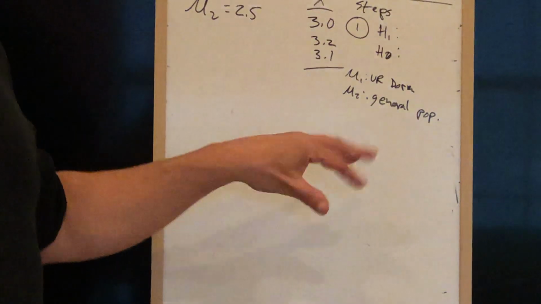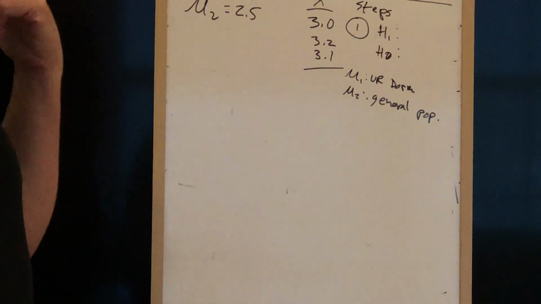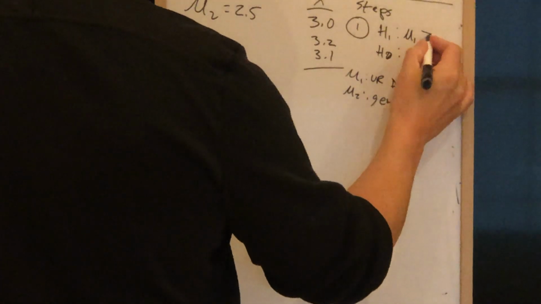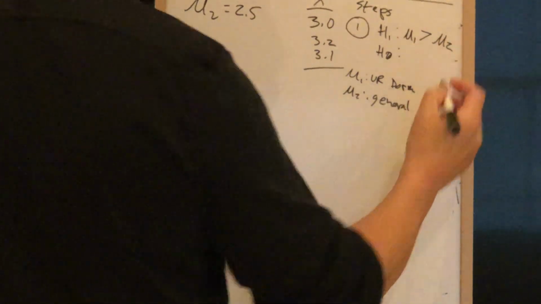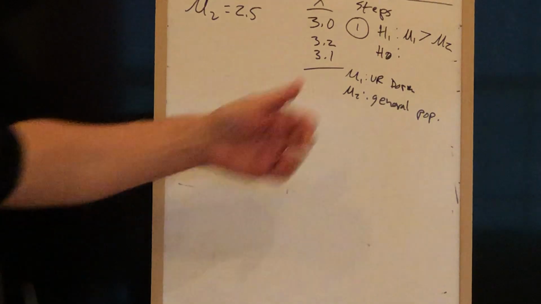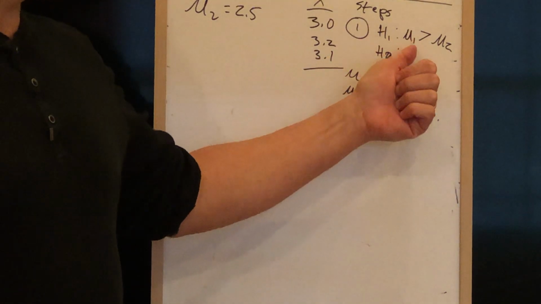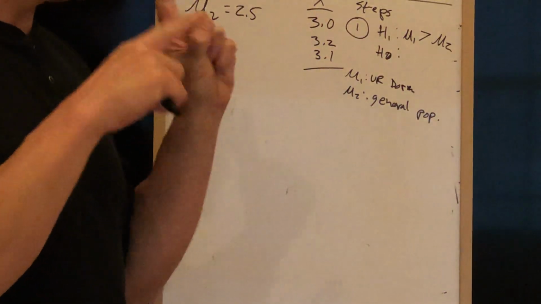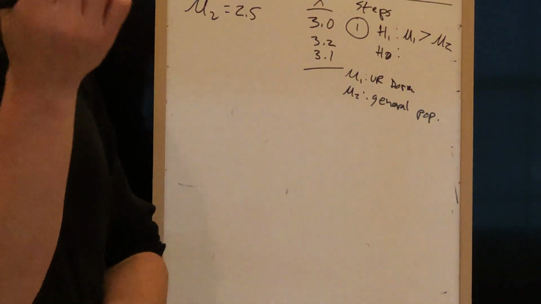This part is no different than what we had done in the prior chapters. H sub 1, mu sub 1 is greater than mu sub 2. In other words, the population mean GPA for my dorm, or your dorm, is predicted to be greater than it is for the general population.